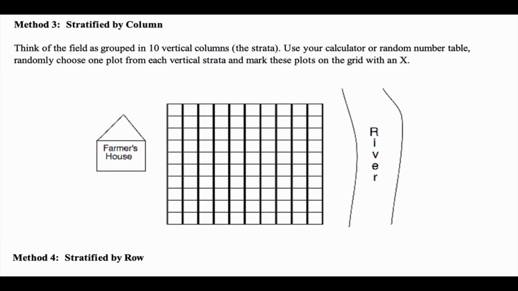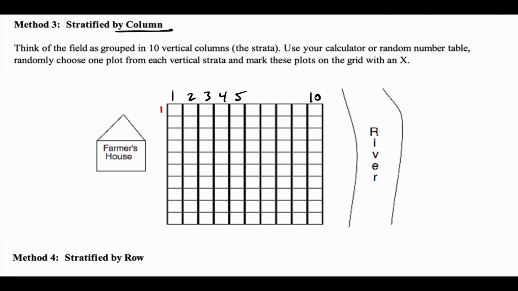Well, they told us what they want in common. They said they have to be separated by column. So this is column 1, column 2, column 3, column 4, column 5, all the way to column 10. Okay? So they want us to select one box from each of the 10 columns. They want an equal representation from each of the 10 columns.